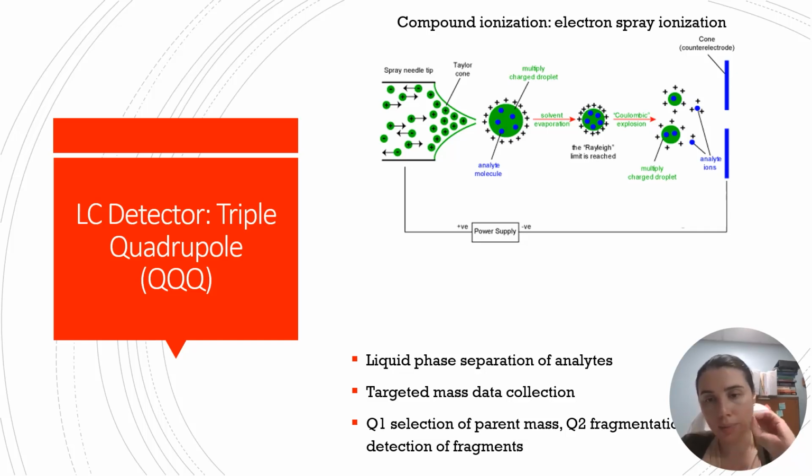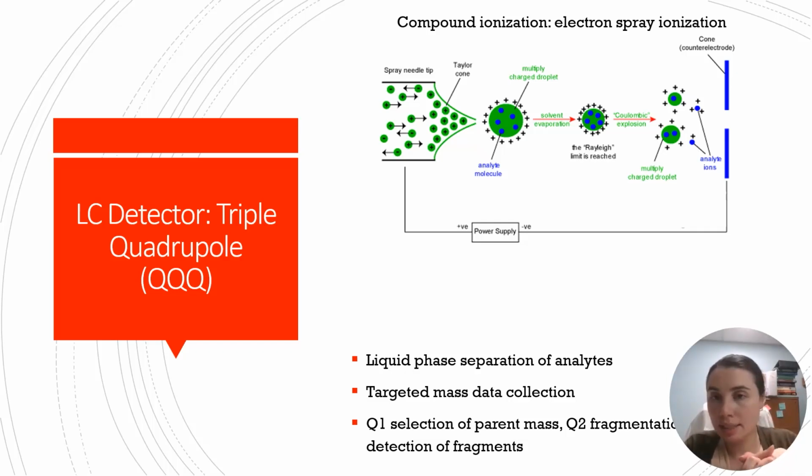And it gets sprayed, so droplets are generated in your source. Your source is connected to voltage. The molecules inside of your droplets are going to be charged. This charge is going to accumulate on the surface of the droplet because your source is also connected to heat. At high temperature, your droplets are going to be evaporating.